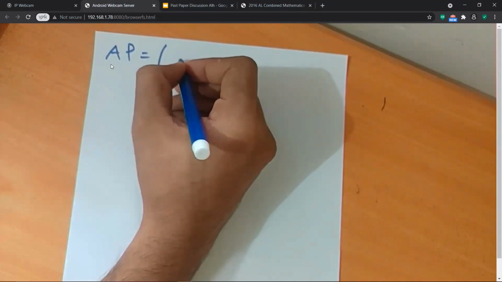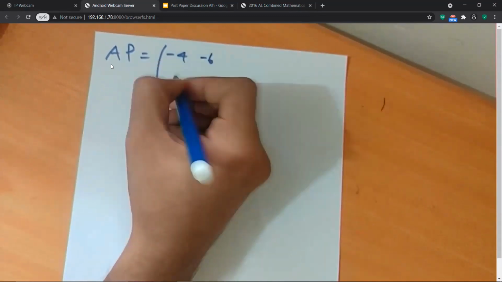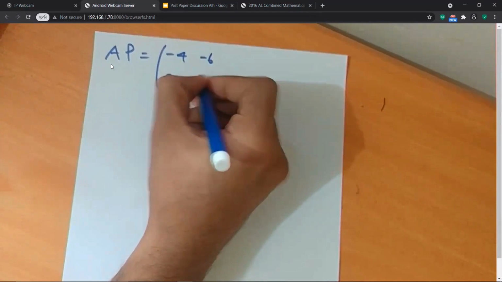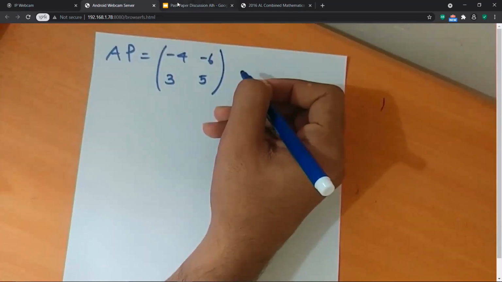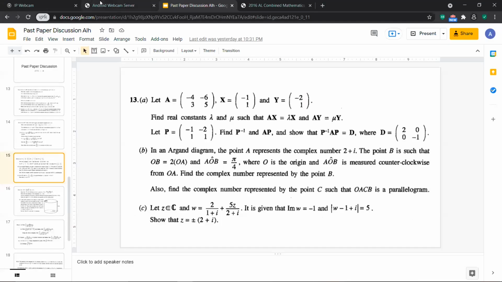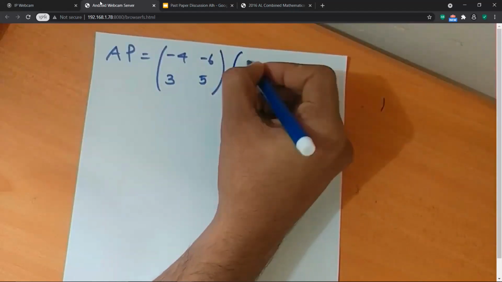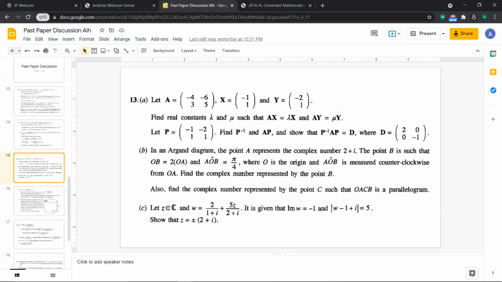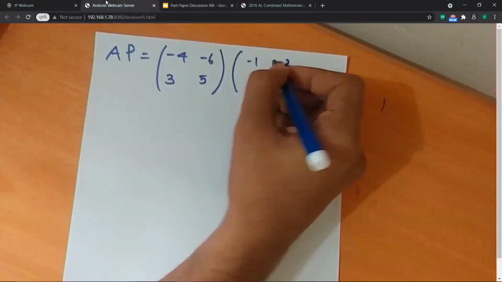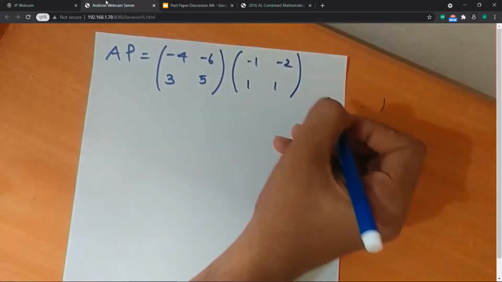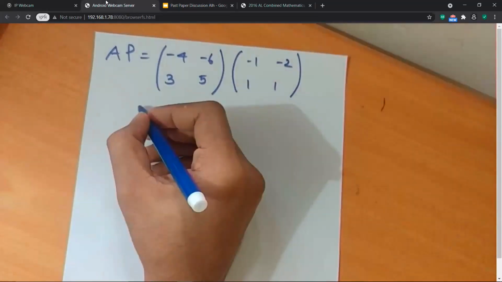A is -4, -6, 3, 5. What is P? -1, -2, 1. So you multiply these two.